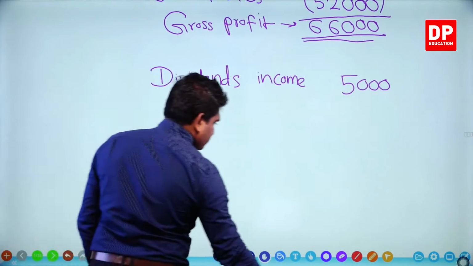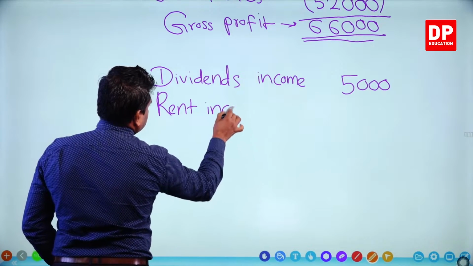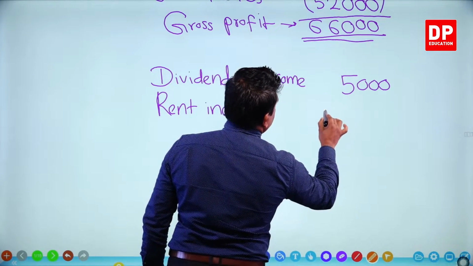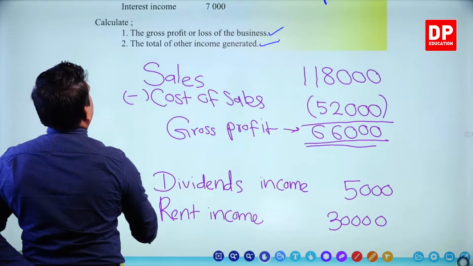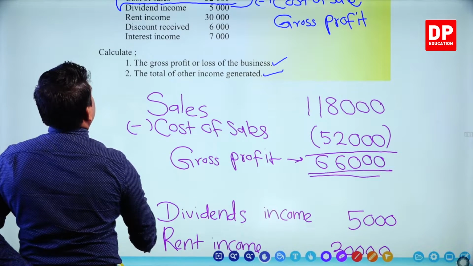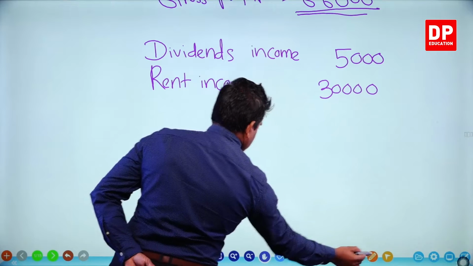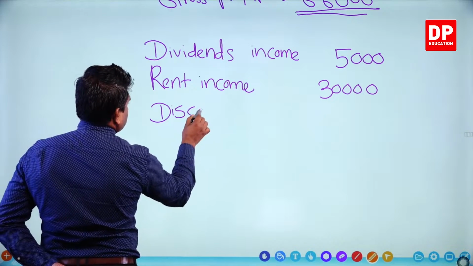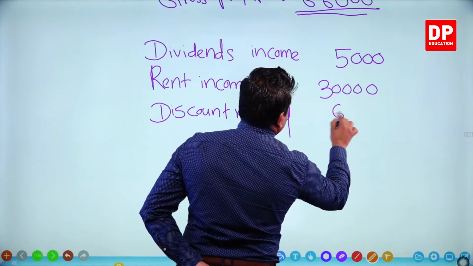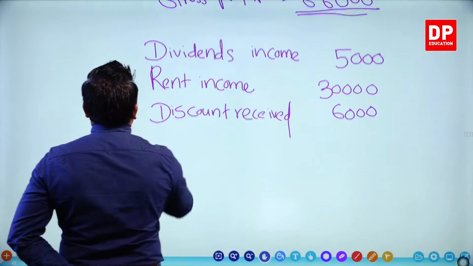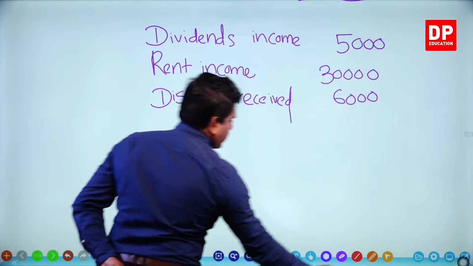Right? Discount received 6,000. Next one. Interest income 7,000.